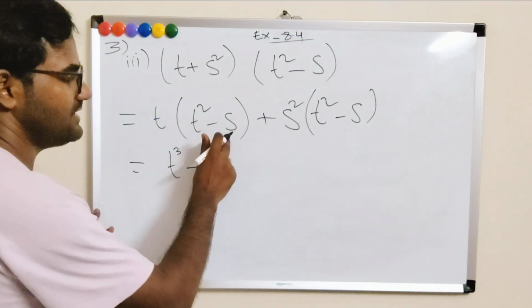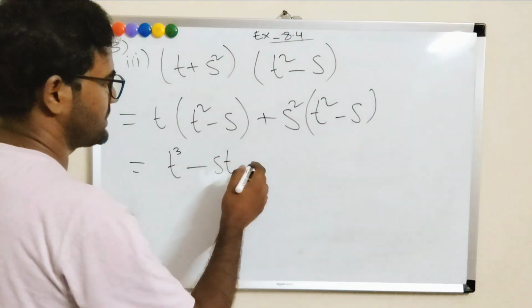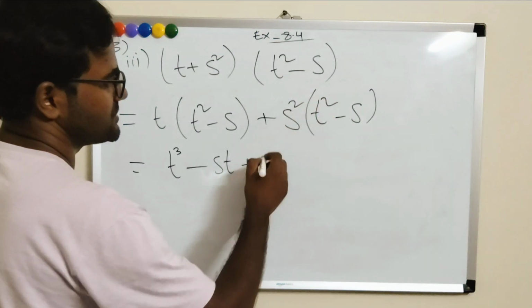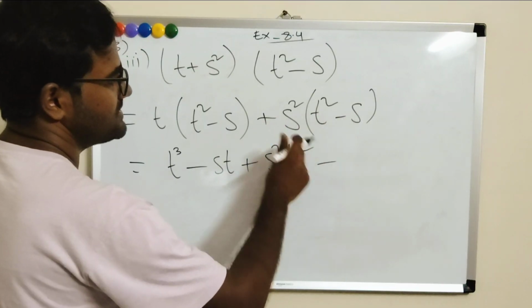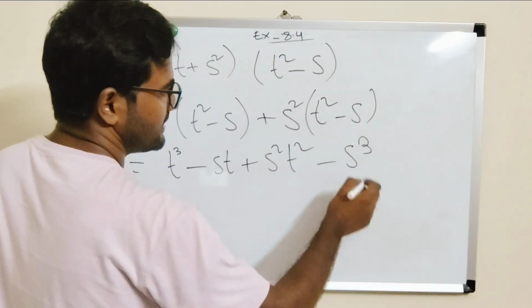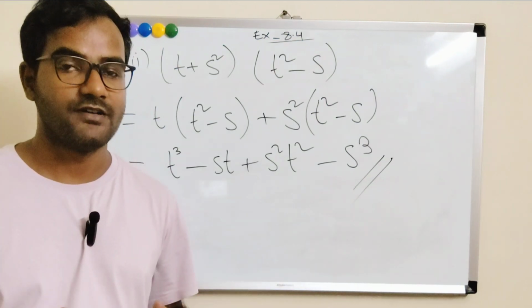Plus into minus is minus, then t into s is st or ts, whatever you like, then plus here, then s squared into t squared will be s squared t squared, plus into minus will be minus, s squared into s will be s cubed. So this is your required answer.